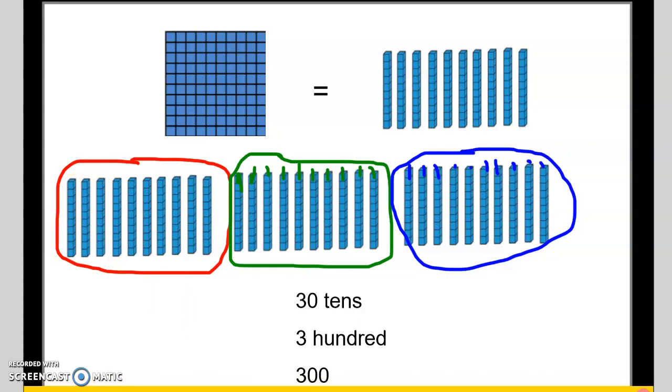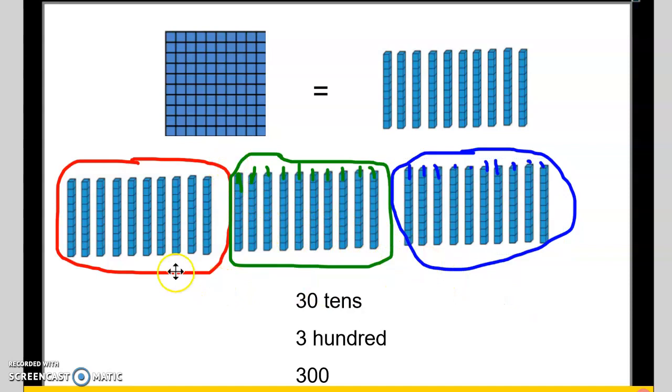So let's count by tens and just double check. 10, 20, 30, 40, 50, 60, 70, 80, 90, 100, 110, 120, 130, 140, 150, 160, 170, 180, 190, 200, 210, 220, 230, 240, 250, 260, 270, 280, 290, 300.